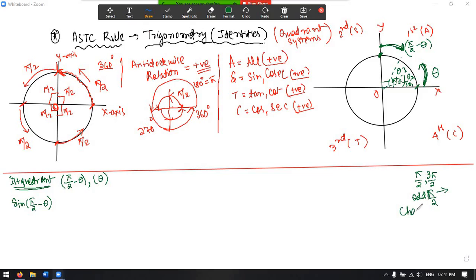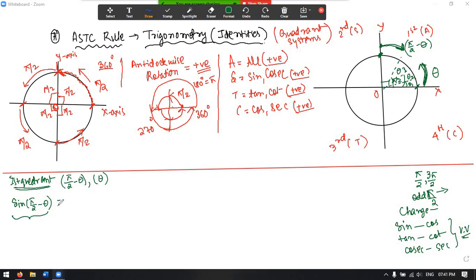The change will be from sine to cos, from tan to cot, and from cosec to sec, and vice versa. I can assume that you already know about this. So this is sine 90 minus theta.